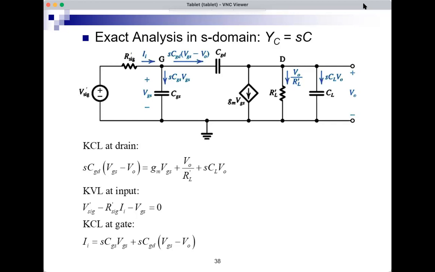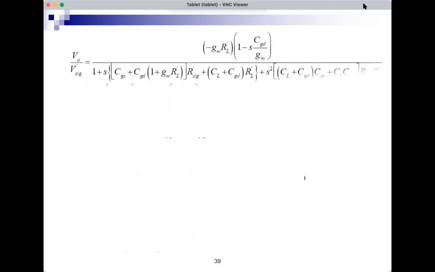So after a few steps of combining things, replacing things, dividing, simplifying, we finally get the transfer function.